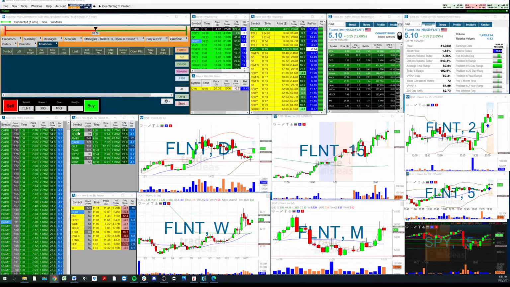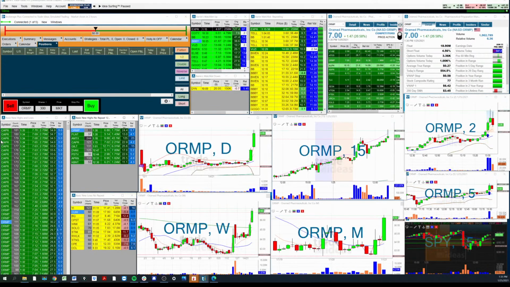Look, there's the ORMP, 688. These are ripe for shorts also, not at the alert price, but watching it zoom higher.